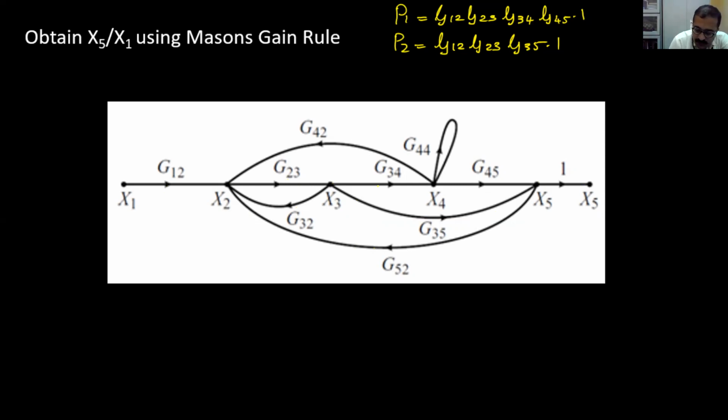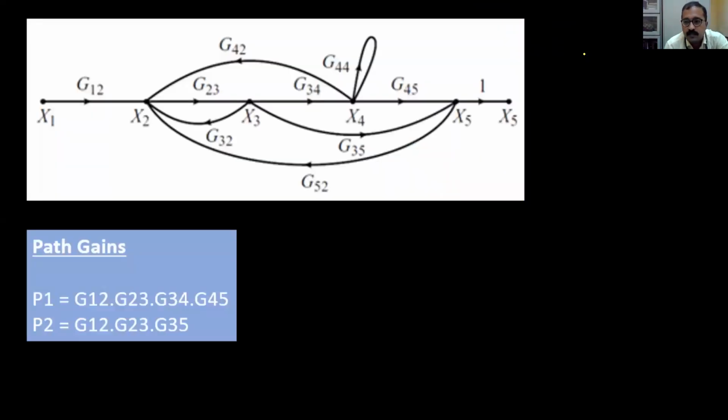Is 1, 2, 3, 4, 4, 4, 5 a path? No. Why? Because this is a self loop. It touches this node more than once if you traverse through G44. So these are the only possible forward paths, and that is what is shown here. P1 is 1, 2, 3, 4, 5, and P2 is 1, 2, 3, 5.